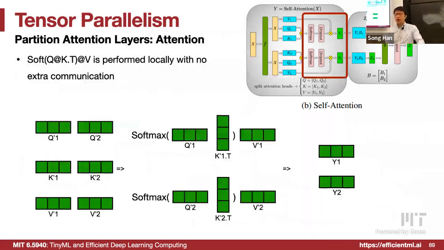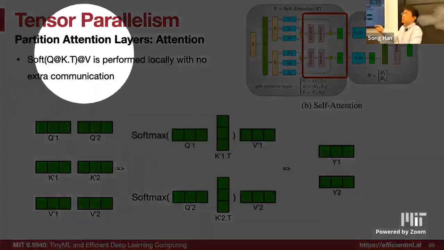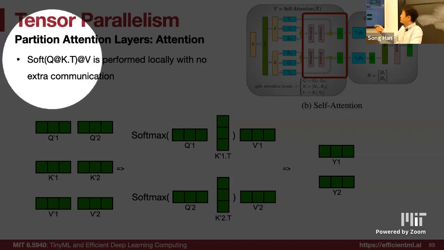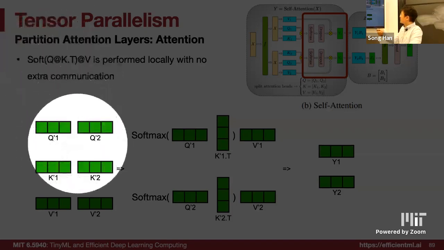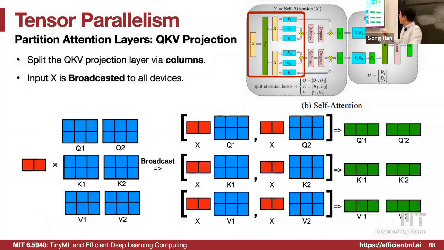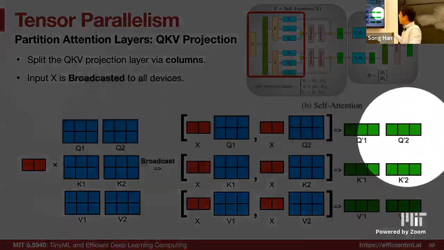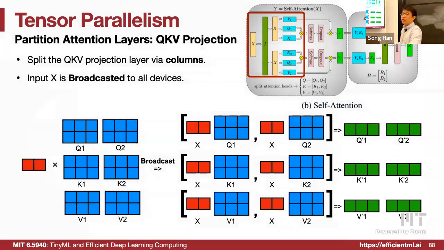Next, we want to do the attention. It's QK transpose times V, and there's a softmax. Remember, the first GPU already has Q1, K1, V1. The second GPU has Q2, K2, and V2.